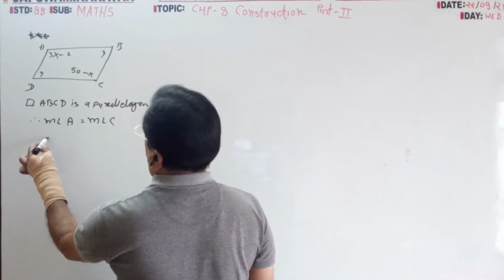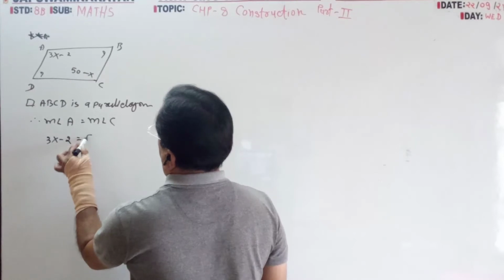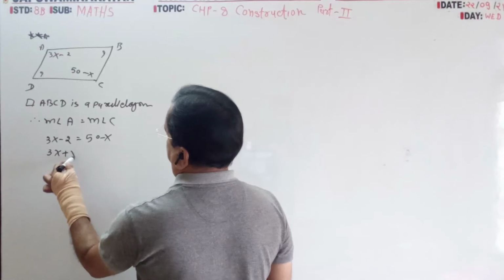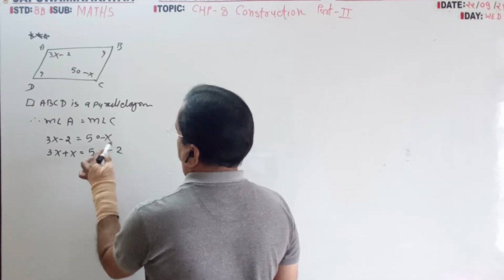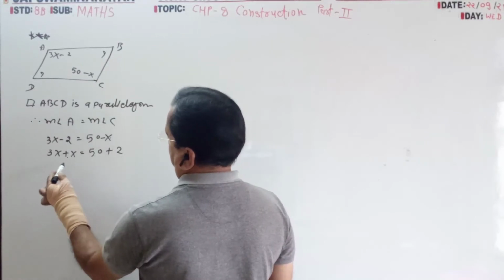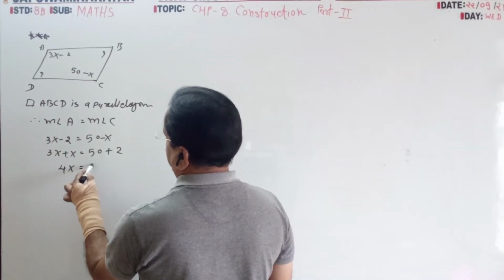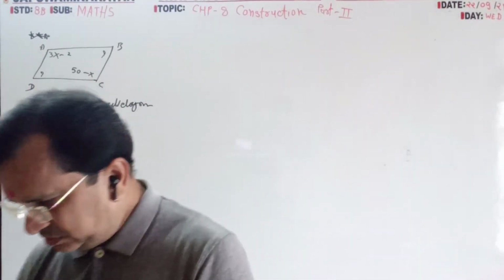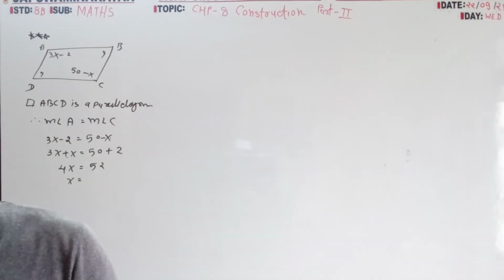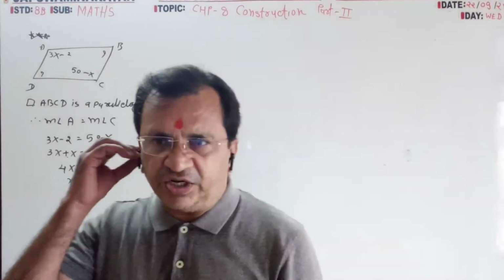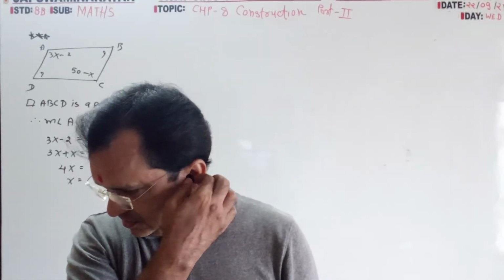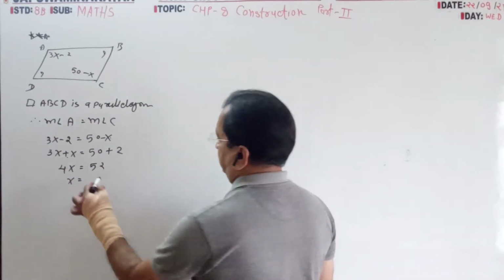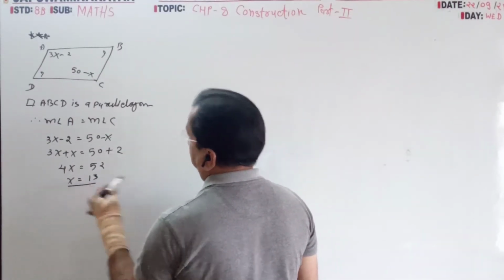A is equal to 3x minus 2, 50 minus x. 3x plus x, 50 plus 2. This goes this side plus, this goes this side plus. 4x equals 52. 52 half is 26, 26 half is 13. So x is 13.